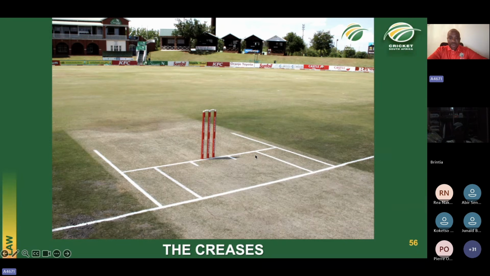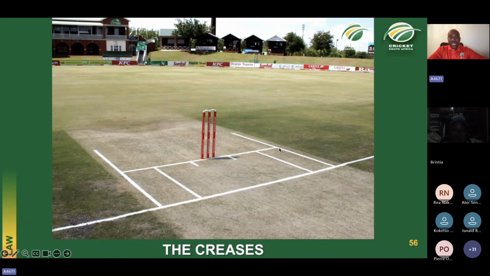How do we measure that 2.64? The inside edge of the one return crease to the inside edge of the other return crease is 2.64. Both the return creases can be as thick as the ground staff want them to be. What we are concerned about is the inside edge of those lines.